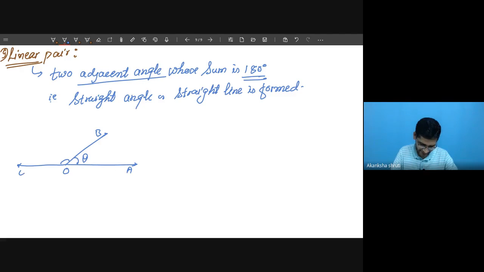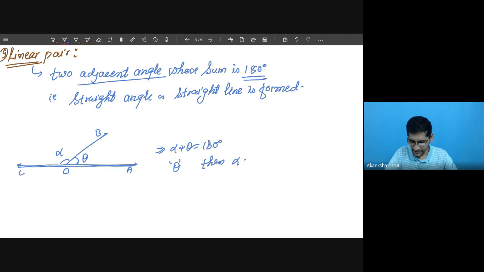That means I have taken the other angle BOC as alpha such that this becomes a straight line. Get it? So in this case, alpha plus theta is equal to 180 degrees. So if theta is known, then what will be the value of alpha? 180 minus theta.